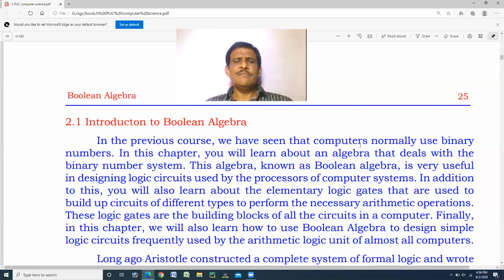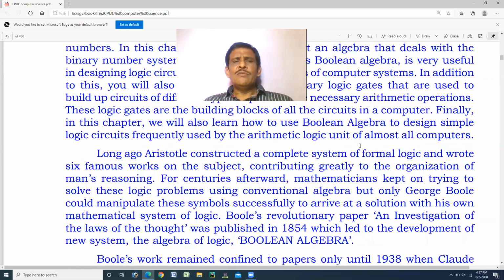A brief history about this chapter: long ago, Aristotle constructed a complete system of formal logic and wrote 6 famous works on the subject, contributing greatly to the organization of man's reasoning.